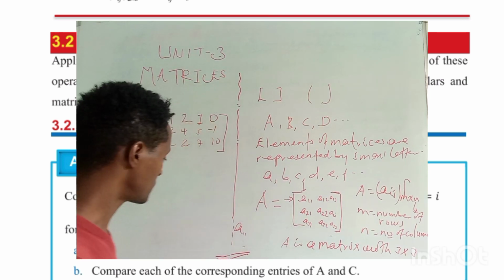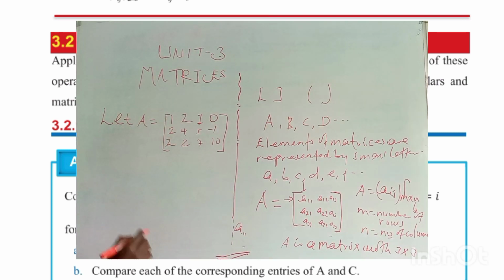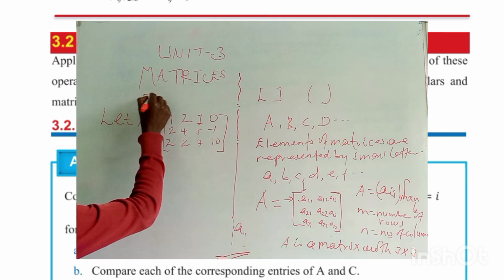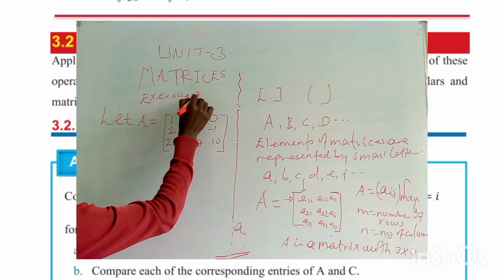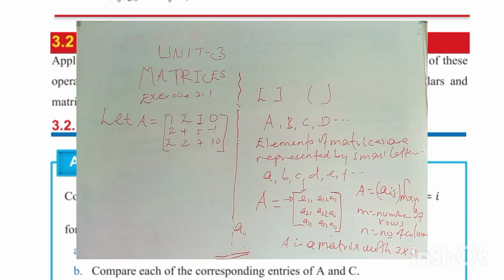Now let us come to this exercise. Today I wanted to do exercise 3.1. This is the first question. Let A be the matrix with entries 1, 2, 1, 0, 2, 4, 5, negative 1, 2, 2, 7, 10.